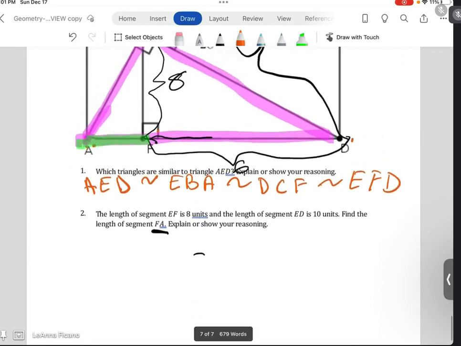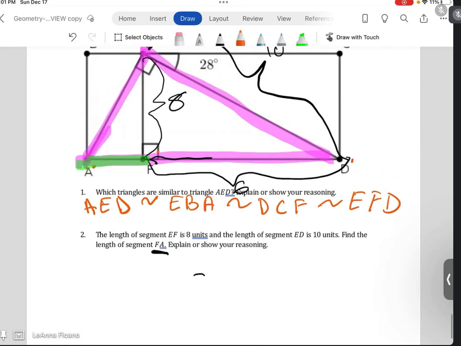I want to put in some of these degrees again. So this is 28, 28, 62, 90, so I can see my corresponding parts.